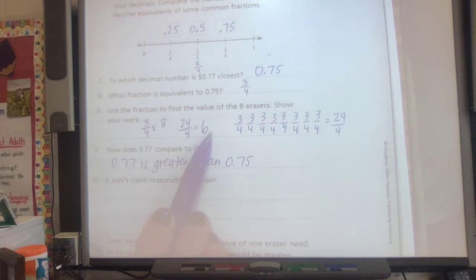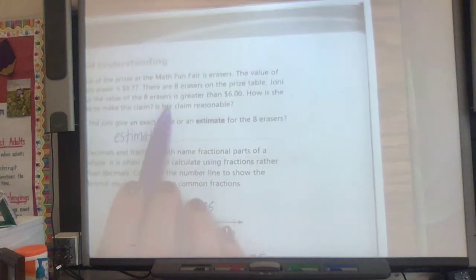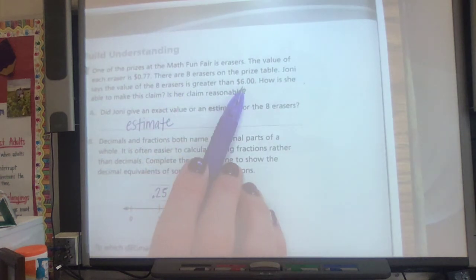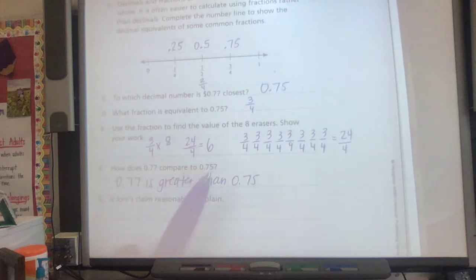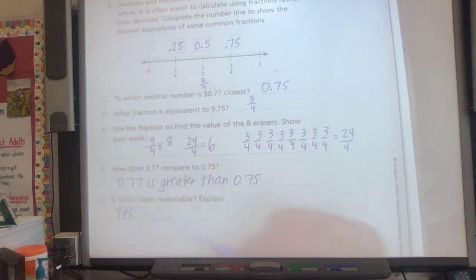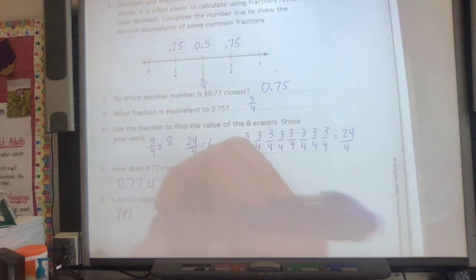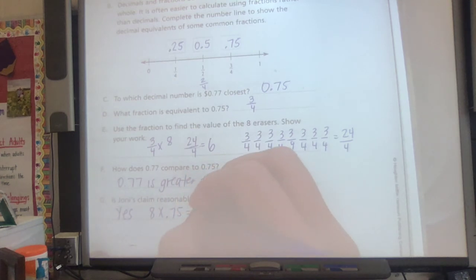So it says, is her claim reasonable? Remember, she said the value of the 8 erasers is greater than 6. Well, we figured out that if it was 75, it would be exactly 6. So since it's 77, it will be greater. So yes, her claim is reasonable because 8 times my 75 hundredths is $6.